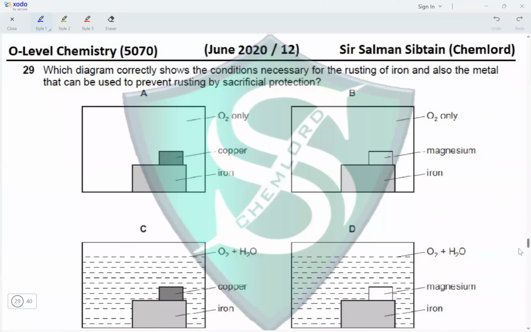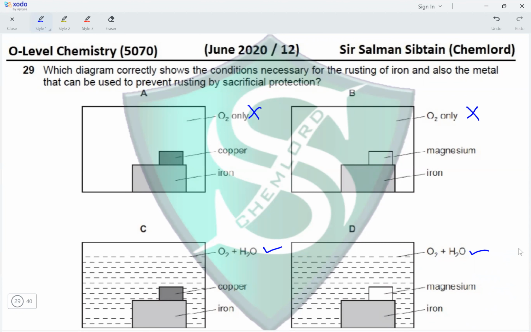Question 29. Which diagram correctly shows the condition necessary for the rusting of iron and also the metal that can be used to prevent rusting by sacrificial protection? Option A, the condition is oxygen, which is not the only condition. We need water as well. So oxygen only is in A, oxygen only is in B. A and B have been eliminated. C and D both contain oxygen and water, which is required for rusting because moisture from the air is responsible for conversion of iron to iron 3 oxide.